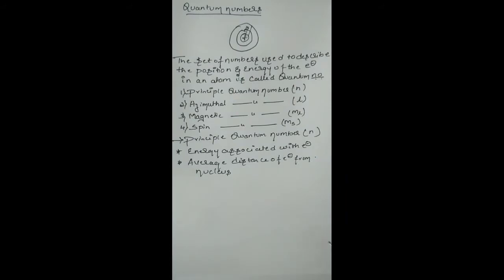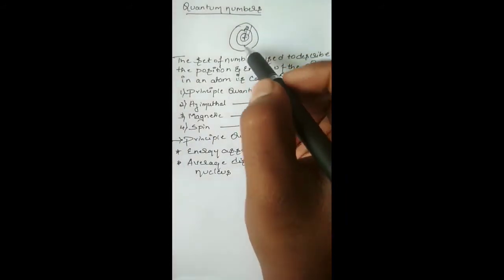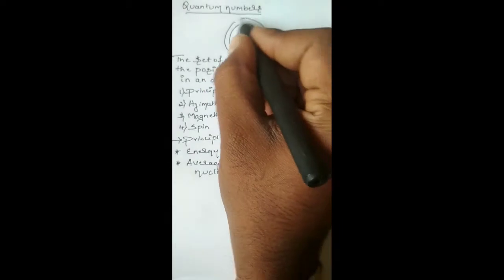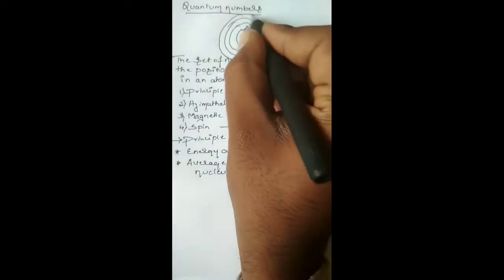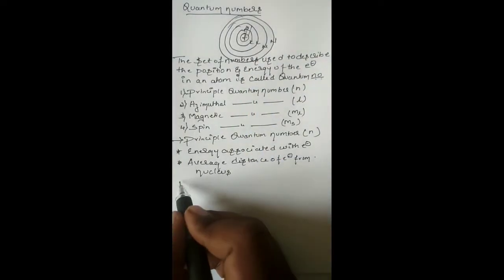Second point is over. It explains the main shell in which the electrons are present, that is the K shell, L shell, M, and another one is N. It explains the main shells.